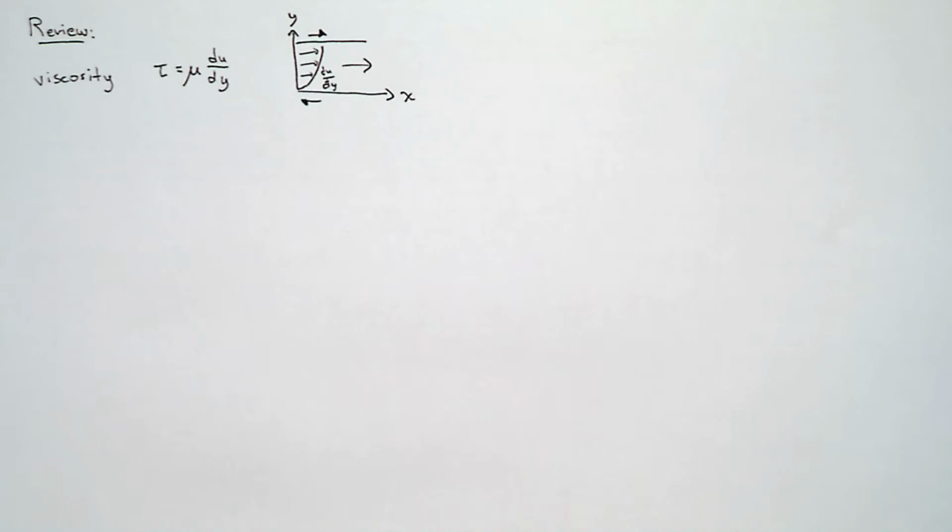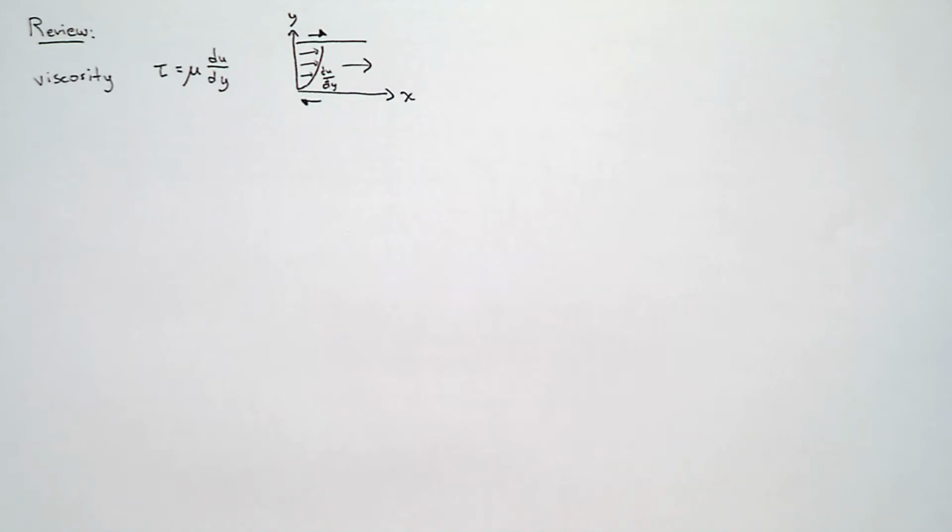Now, from the context of the stress tensor, which if you don't recall, it's essentially a tensor that shows that every stress acting on a fluid particle can be divided into three components: two tangential or shear components and one normal component.